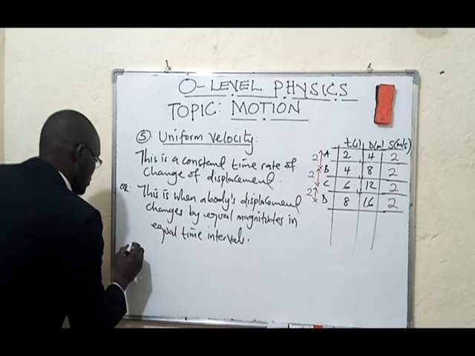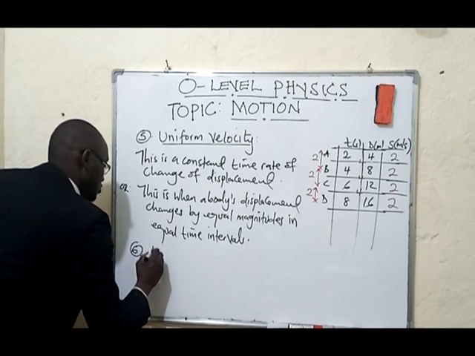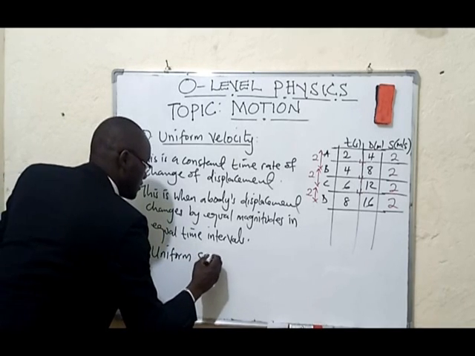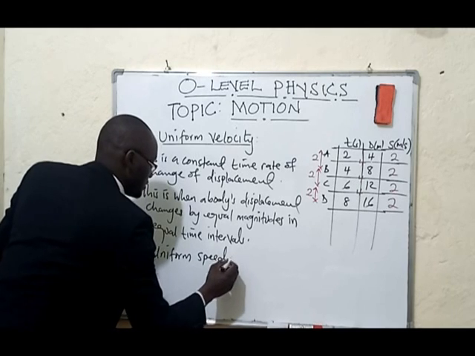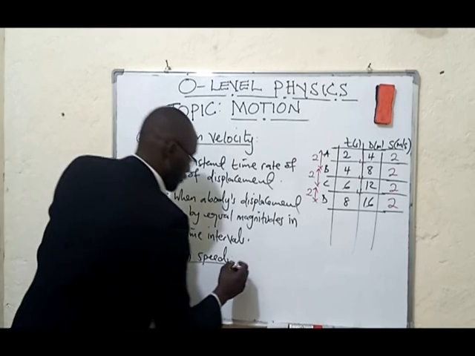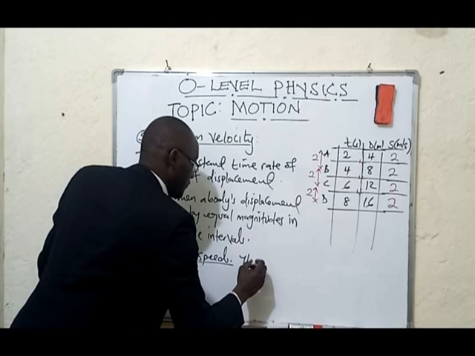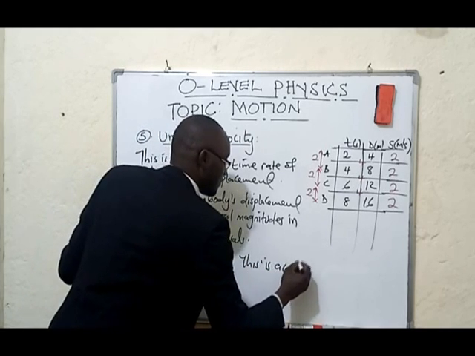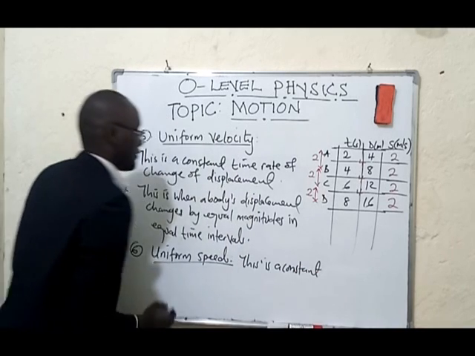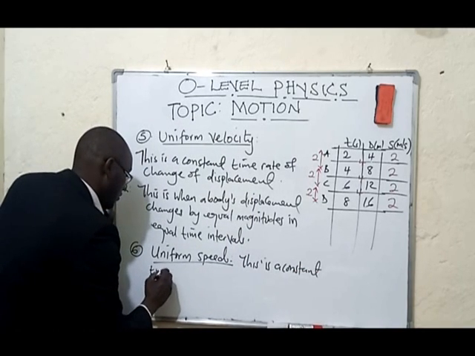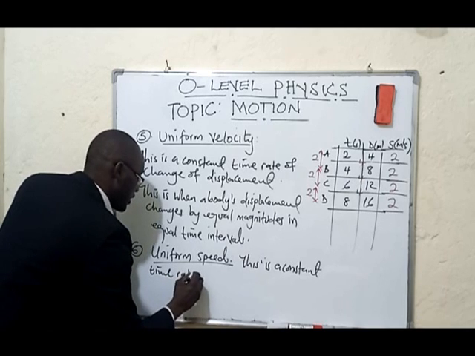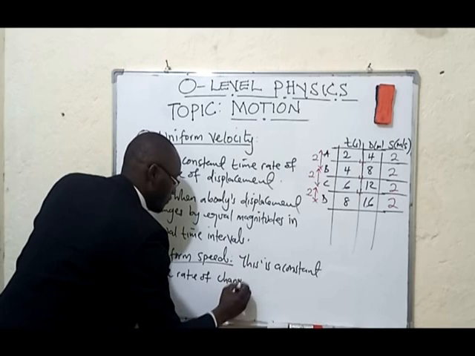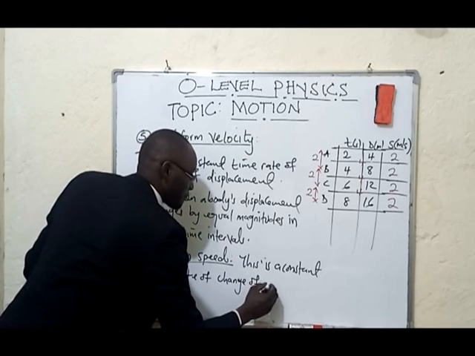So that takes us to term number 6, that is uniform speed. Uniform speed is a constant time rate of change of distance.